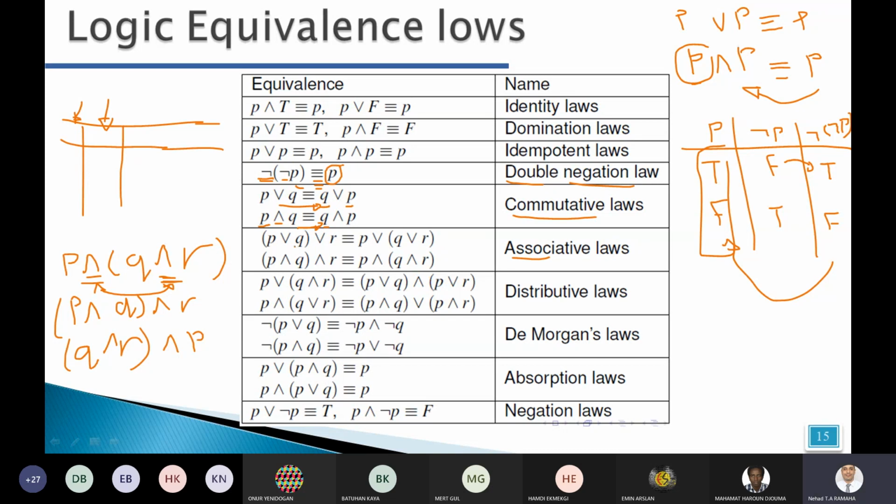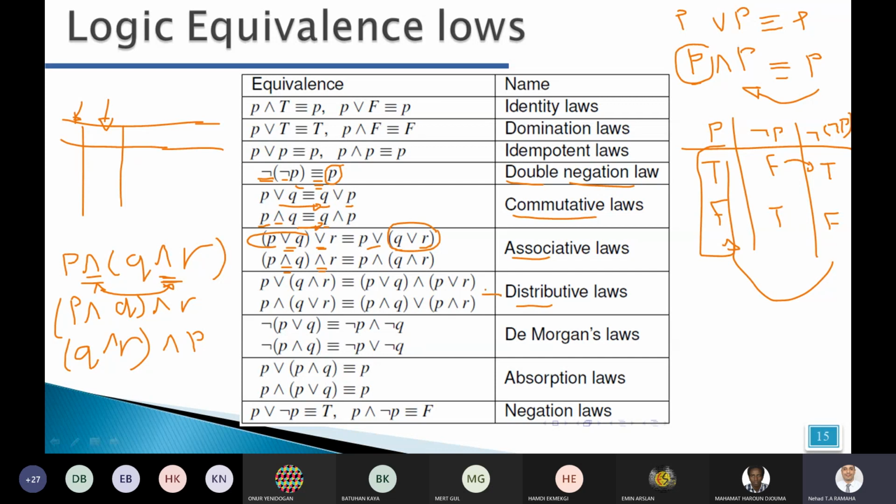You can take here P or Q, then or R between the brackets, or the other grouping, because we have the same operator. For the and, similar. If we have the and operator for all the sides, you can take any two sides with each other, then the result will be with the third operator.